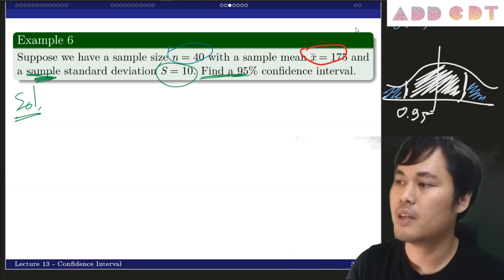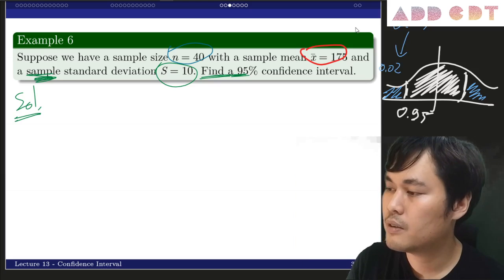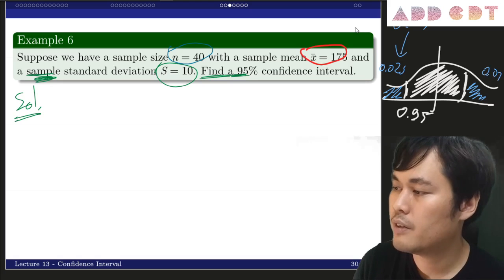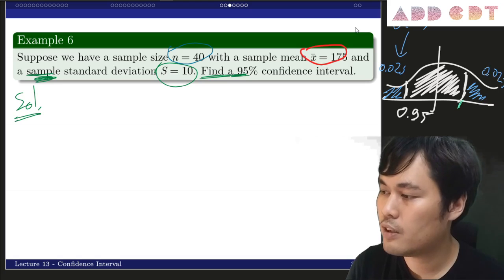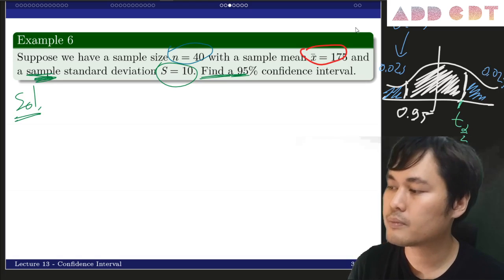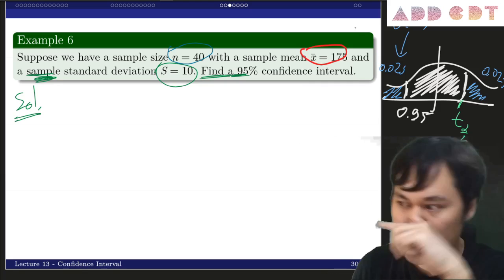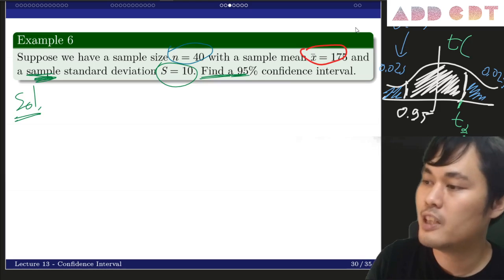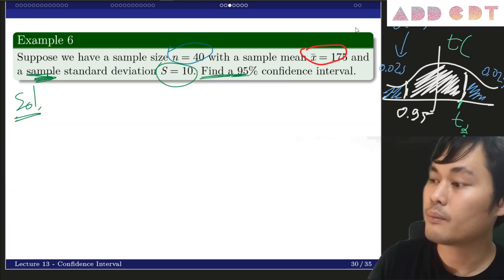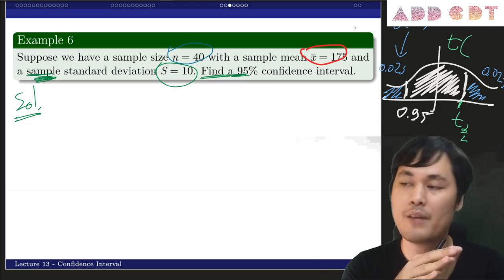Since there are two parts, that is split, 0.025 on each side. So we want to find the value of t such that the area to the left is 0.025. The only difference is that this curve is not the normal distribution, it's the Student T distribution. So you have to use a different table to get a different value.